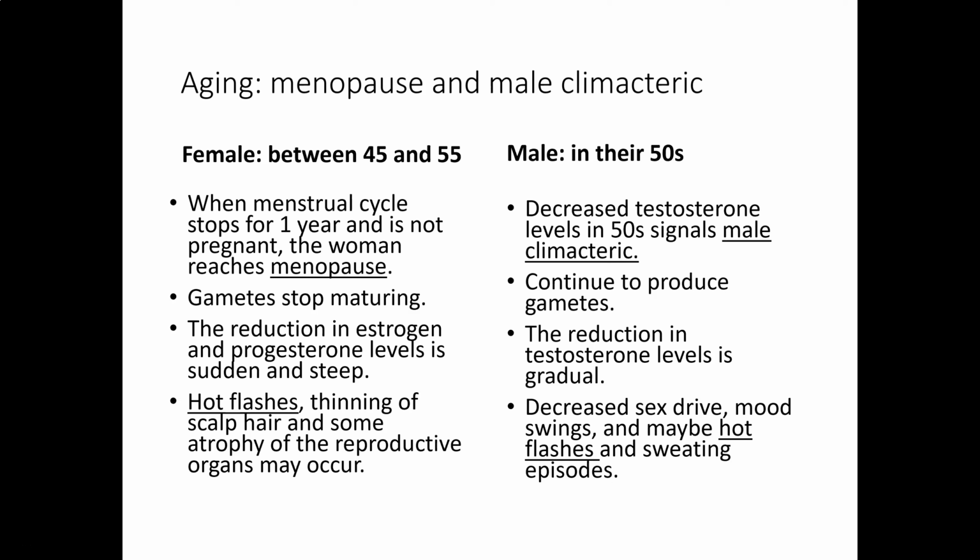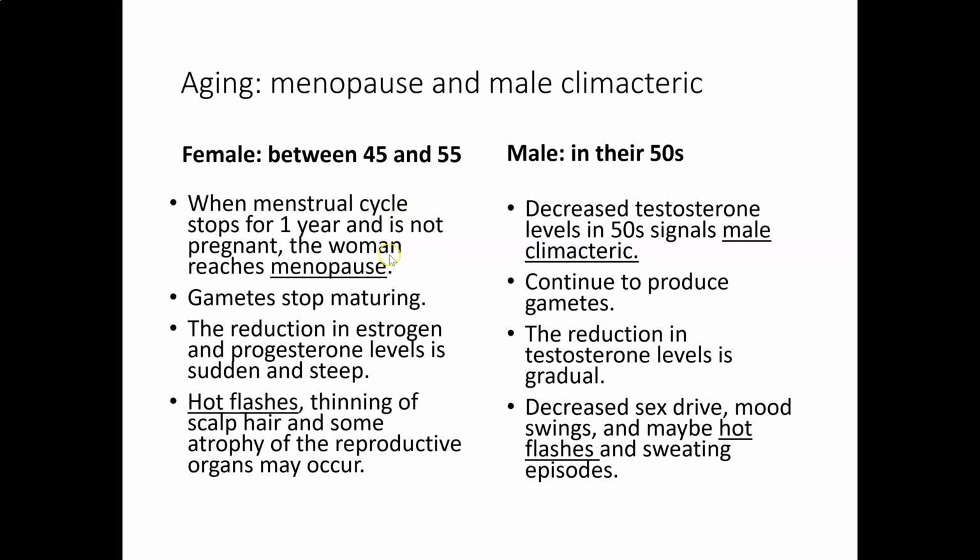But less focus has been on male aging. The term would be male climacteric. So be familiar with those. Those are essentially talking about the same phenomenon, right? But they have different presentations in male and female. Okay, let's look at female first.